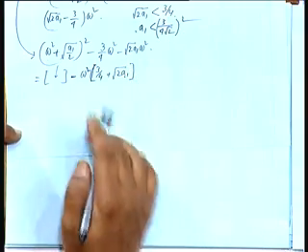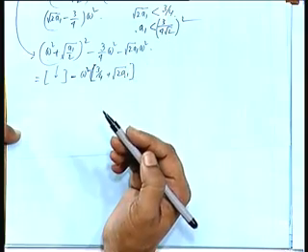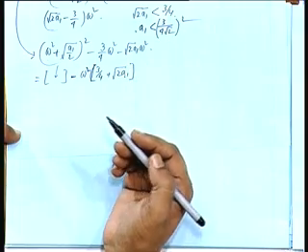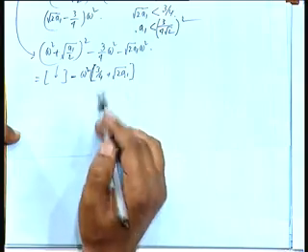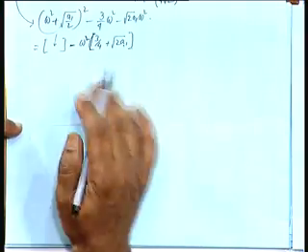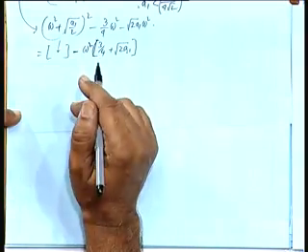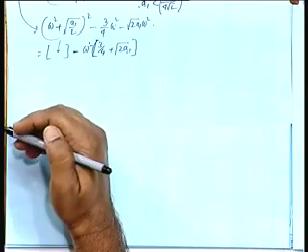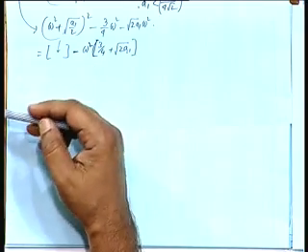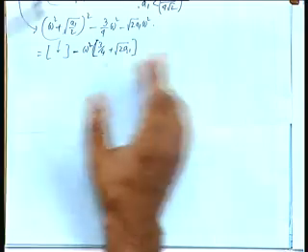Otherwise, this will not be able to identify the actual range of a1, you may be misled. Then the second part is, I think the time is over, I will continue with this in the next class.